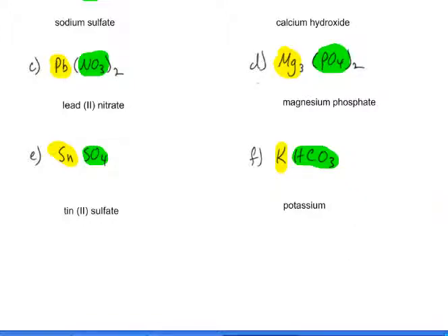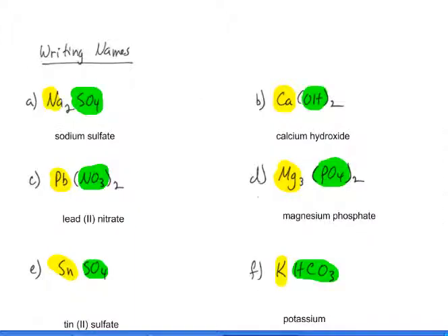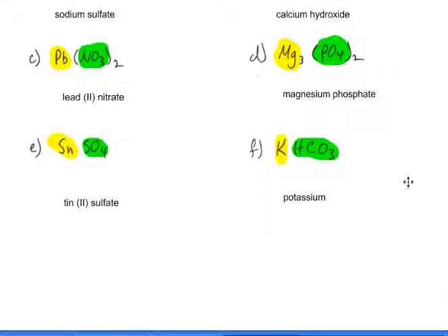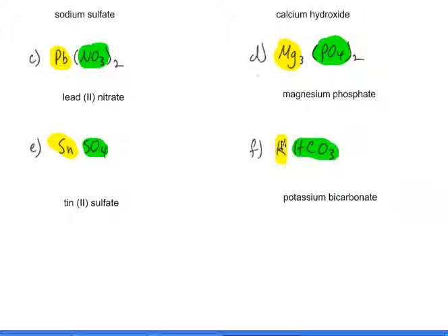And HCO3 is bicarbonate, or you can call it hydrogen carbonate, doesn't matter. So I'll just pick one of them. Bicarbonate. And this is one positive, this is one negative, so that's why we have one of these combined with one of these. They balance out perfectly. So there you have it.